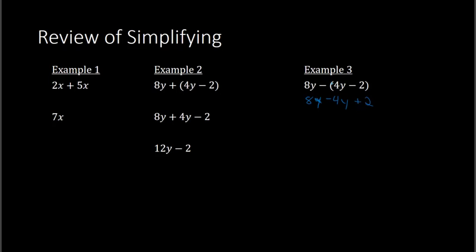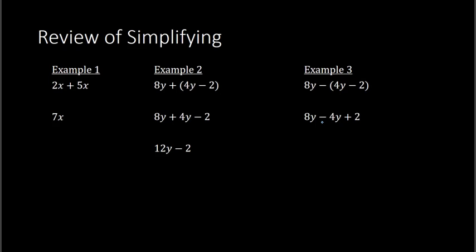And another way to think of that is I can imagine there being a 1 here. So I have a negative 1 and I distribute the negative 1 to both terms. Negative 1 times a positive 4y gives me a negative 4y. The negative 1 times the negative 2 would give me a positive 2. So that leaves me with 8y minus 4y plus 2.